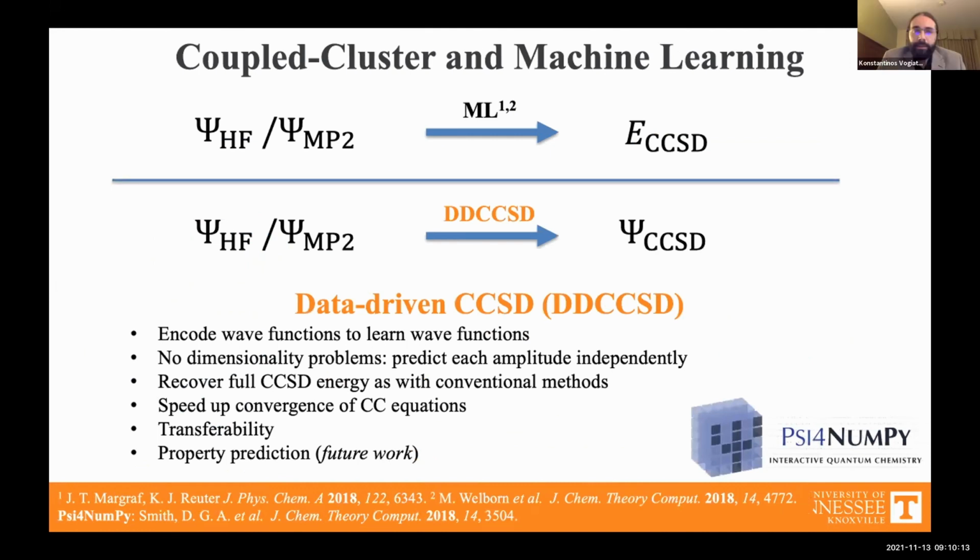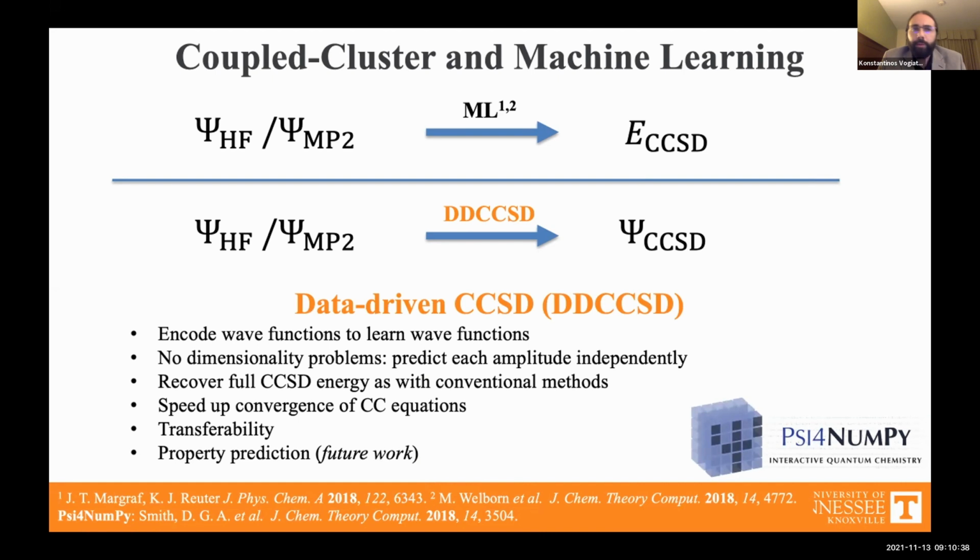This approach is different from what other people have done in the past. There have been many methods where we extract information from lower level theory, like Hartree-Fock and MP2, directly from the wave function of these methods. And with machine learning, we predict either the total energy or fractions, like the pair energies of the correlation energy from the CCSD.